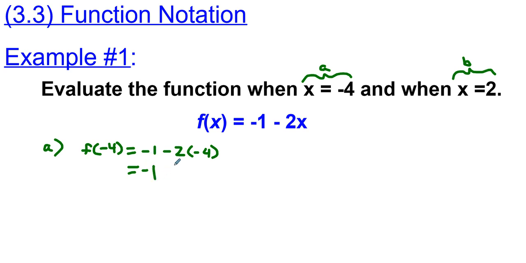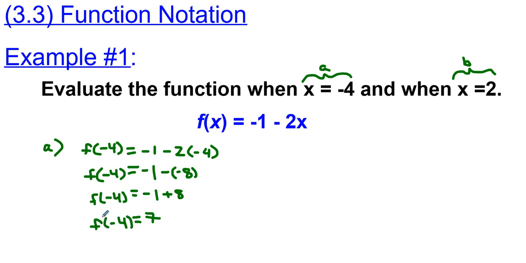We have multiplication, and we want to do that before we add or subtract. 2 times negative 4 is negative 8. So this is minus negative 8. The double negative makes a positive, so this is negative 1 plus 8. And negative 1 plus 8 is 7. If I carry this f of negative 4 down throughout my problem, I get f of negative 4 is 7.